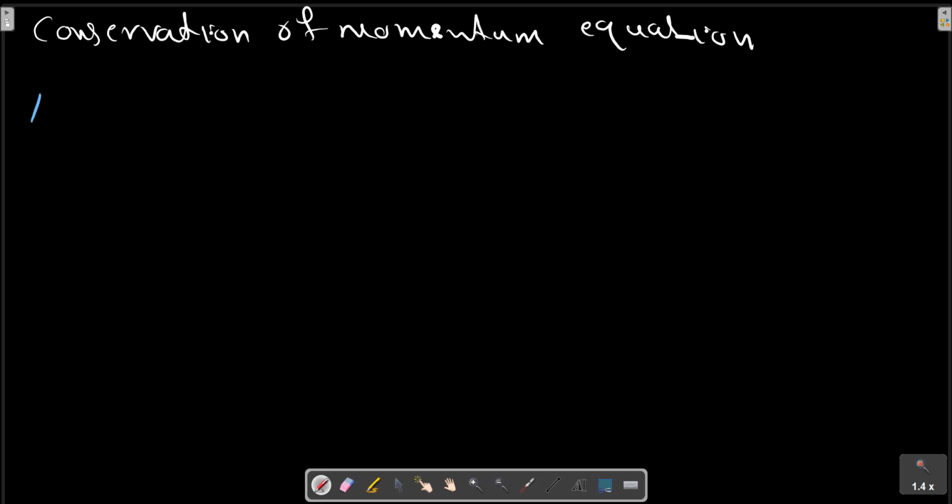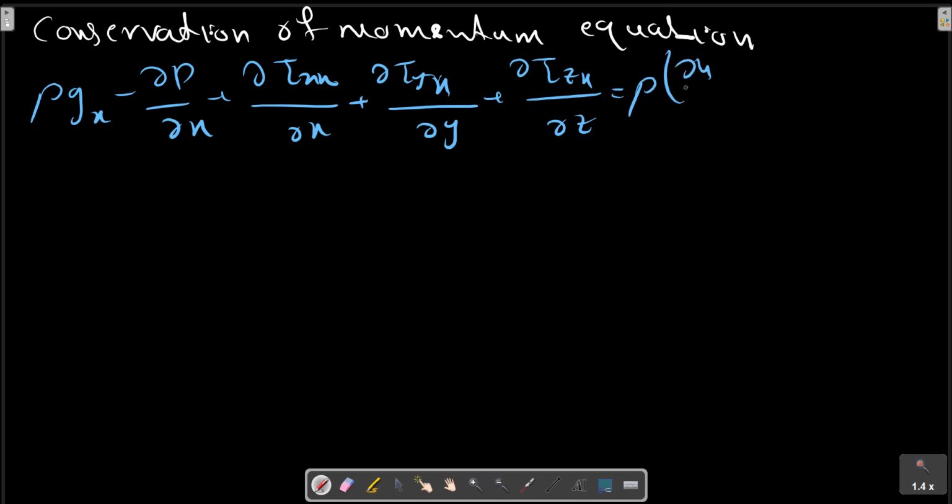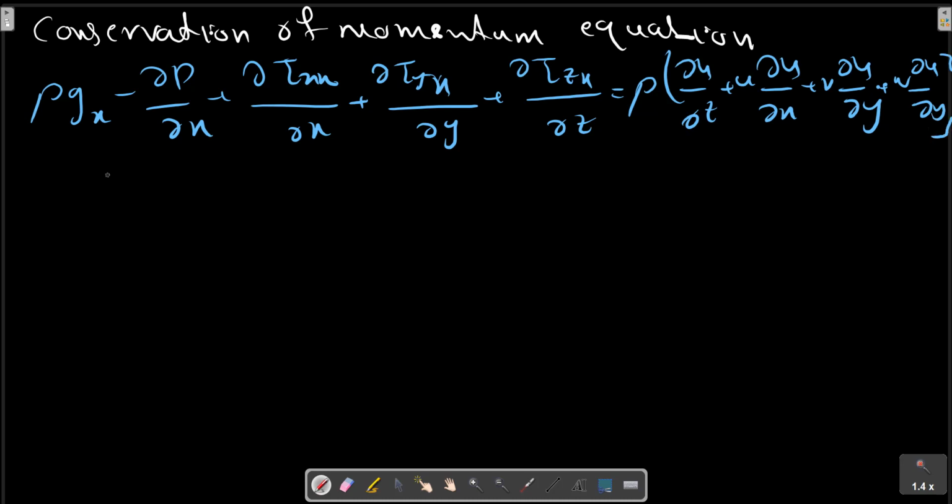Rho gx minus rho p on rho x plus, to rho, and we have in the y direction also a same relation.